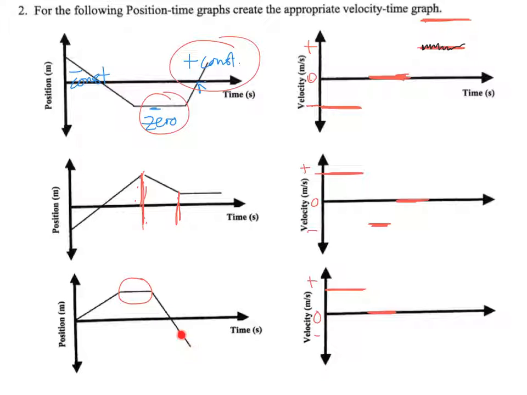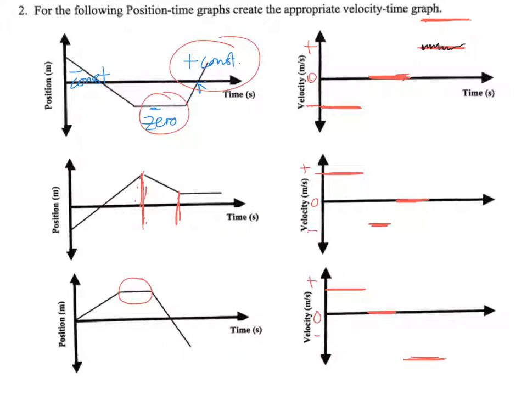So the negative slope, negative constant velocity, is steeper and therefore faster than the positive constant velocity, which means my line is going to need to be further away from the t-axis, like down here maybe, than this one is above the t-axis.